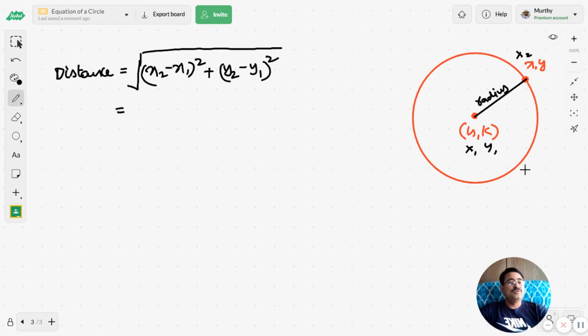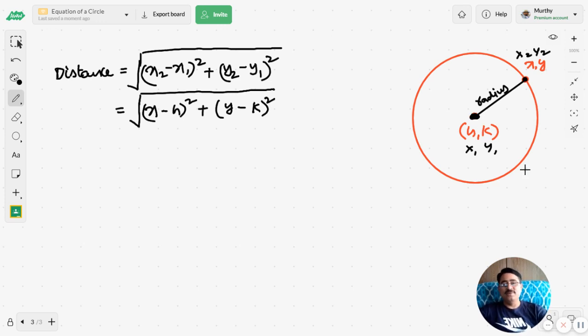Let me take x2 and y2. So x2 minus x1 means it is x minus h square plus, in the place of y2, I'm taking y minus y1, which is k square, under the square root equals to, what is the distance?